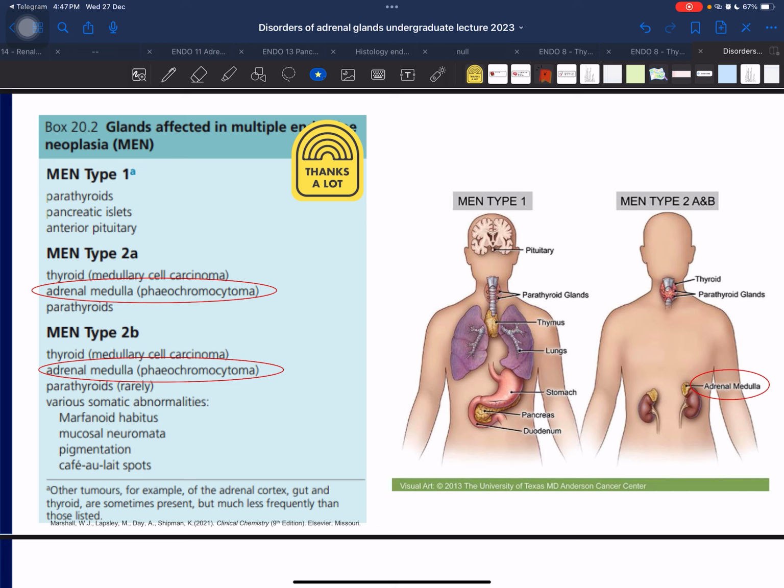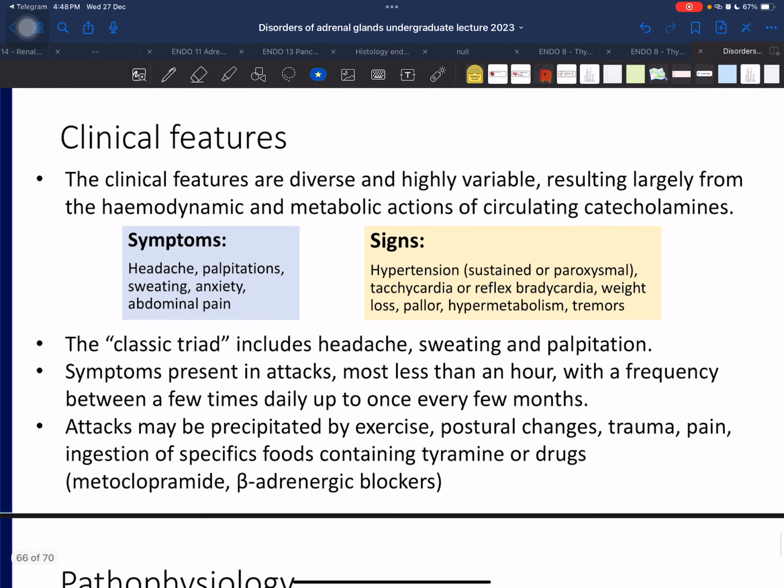So what are the clinical features? The clinical features are diverse and highly variable, resulting largely from hemodynamic and metabolic actions of the catecholamines. Patients typically get signs and symptoms like hypertension, tachycardia, headache, abdominal pain. Some of them are really non-specific.